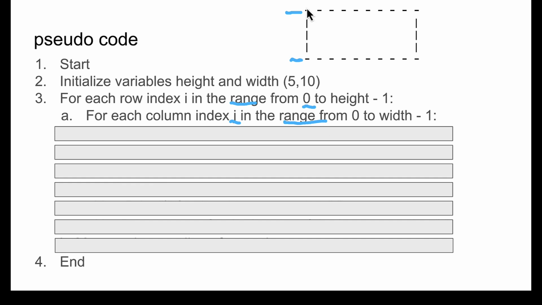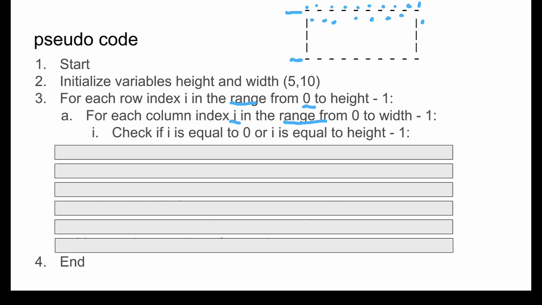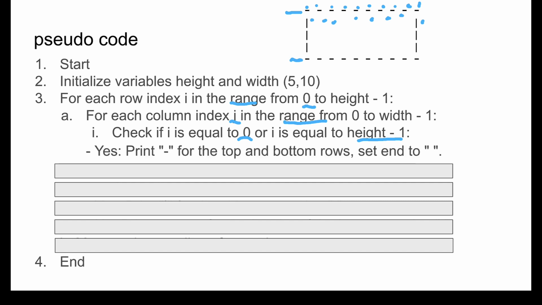When we're doing the first line, again it's all dashed lines. When it gets to the second line, we're going to do a vertical, a whole bunch of spaces, and then another vertical. So we're going to check to see if i is equal to 0 or i is equal to height minus 1. So we're doing a check. If either of those conditions is true, then we're going to print a dashed line.